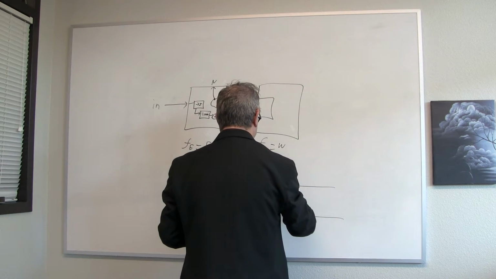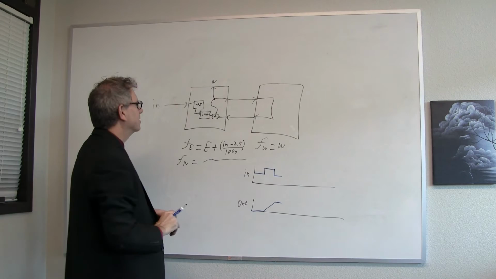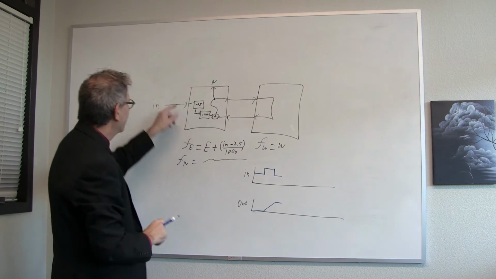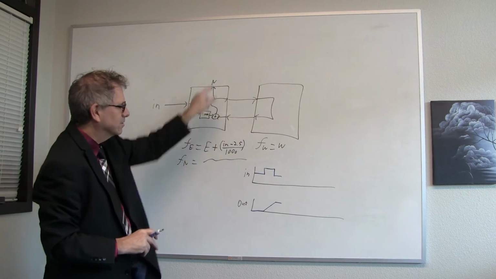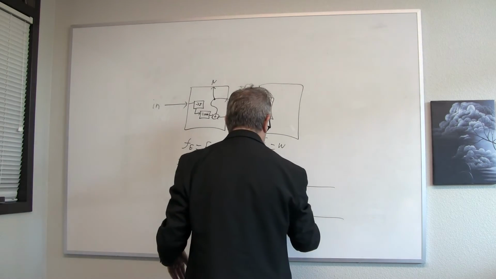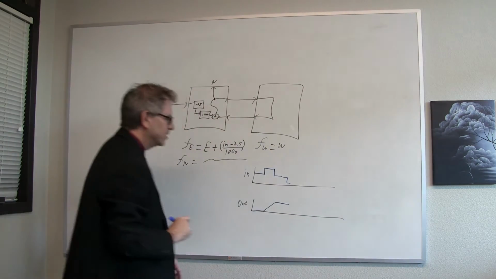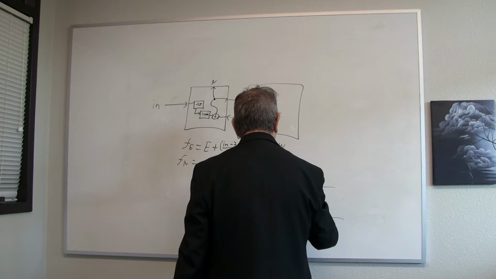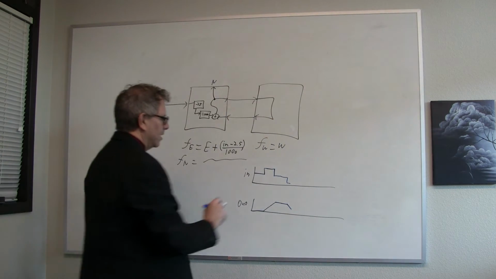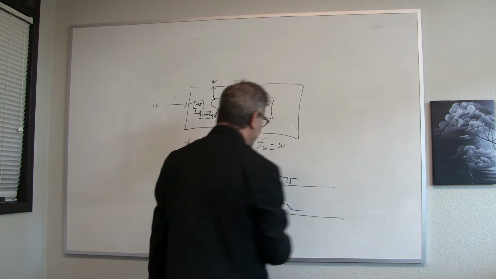So at some point, if our input comes back to 2.5, and this happens to be putting out 3 volts at that time, well, minus 2.5 is 0, and we don't add anything, and this output voltage is now stable, so our output is flat. And now if our input goes to something less than 2.5 volts, the output is going to begin to drop. And when we bring the input back up to 2.5, the output will stabilize.